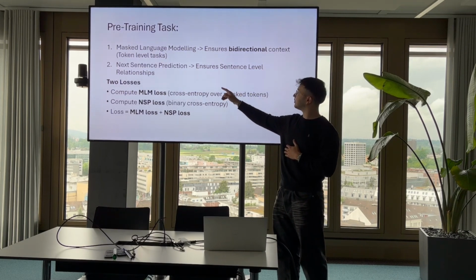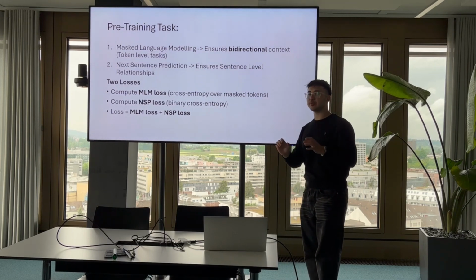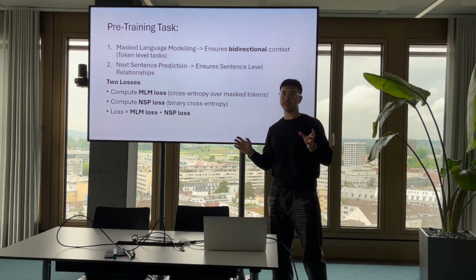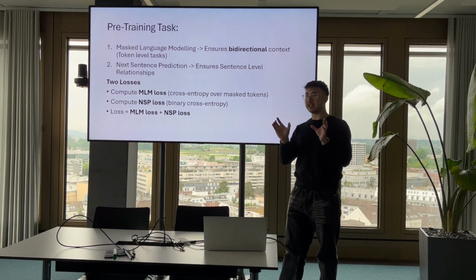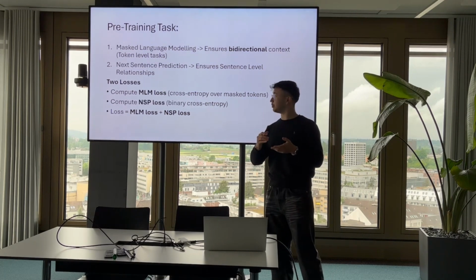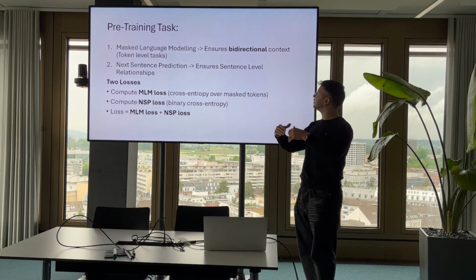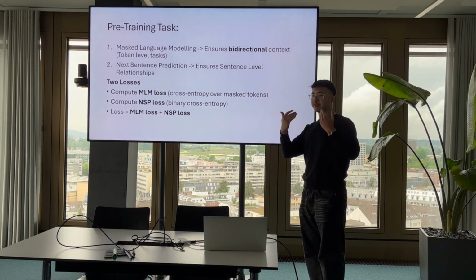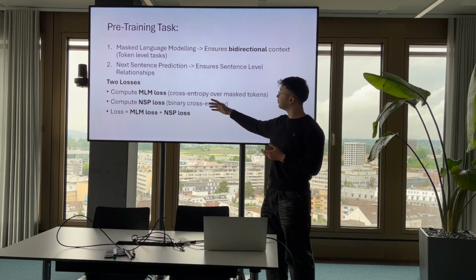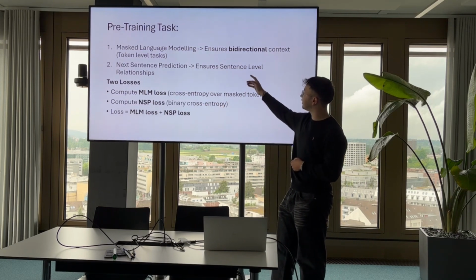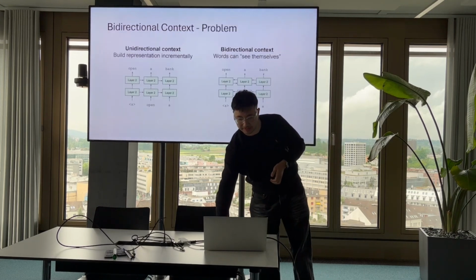The next task it trains on is next sentence prediction. This is more about, if you have many sentences or paragraphs, learning the relationship between those sentences. This ensures sentence-level information and context. Then you compute two different losses and just combine them. Okay, so let's look at it in more detail.